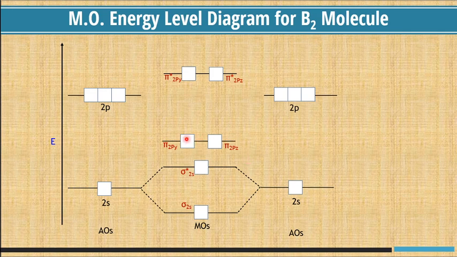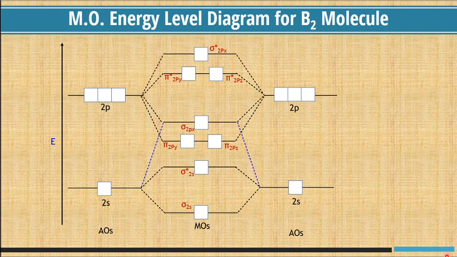These have similar energies, therefore these molecular orbitals are degenerate molecular orbitals. The 2px orbital from boron 1 and the 2px orbital of boron 2 combine to form the sigma 2px bonding molecular orbital and sigma star 2px antibonding molecular orbital.